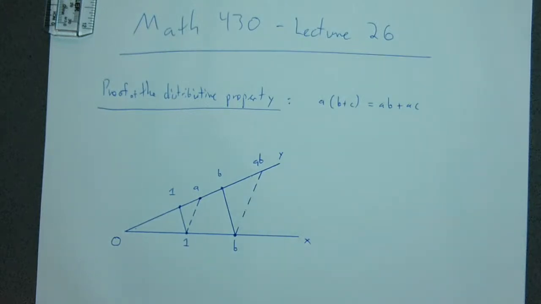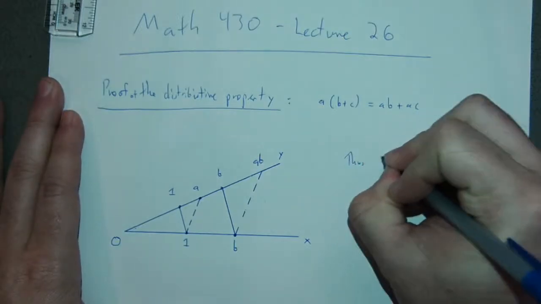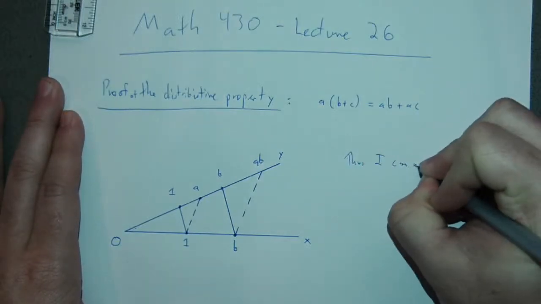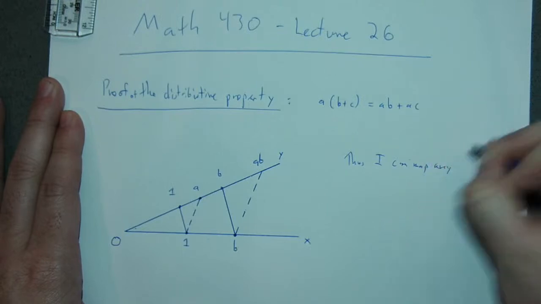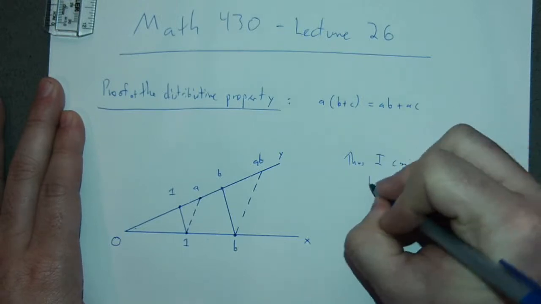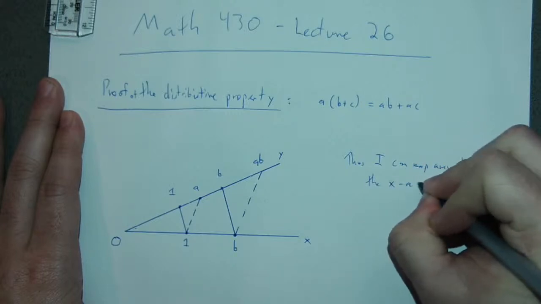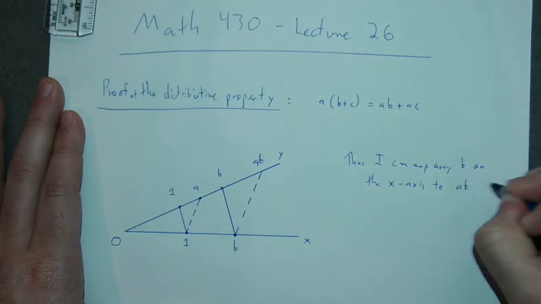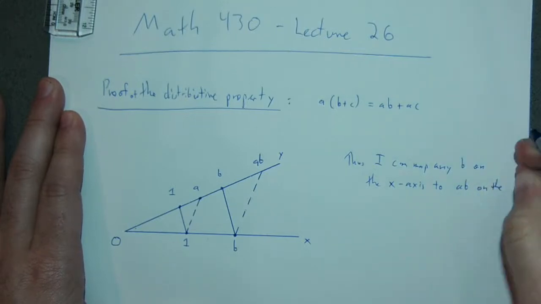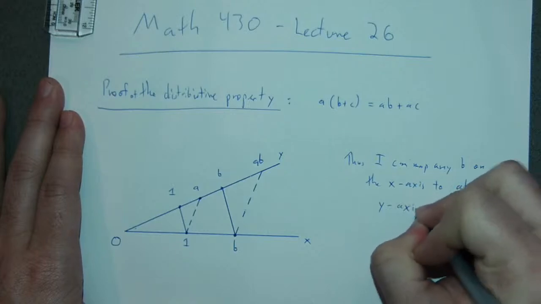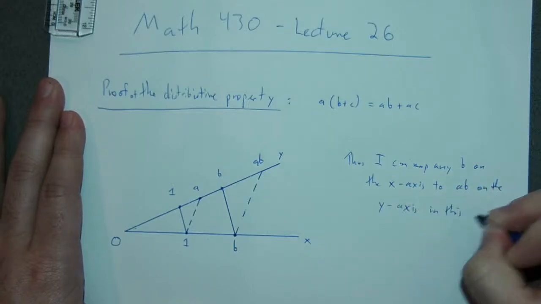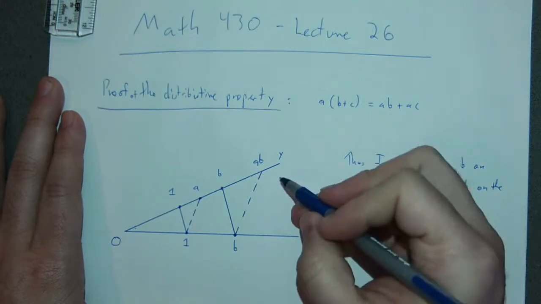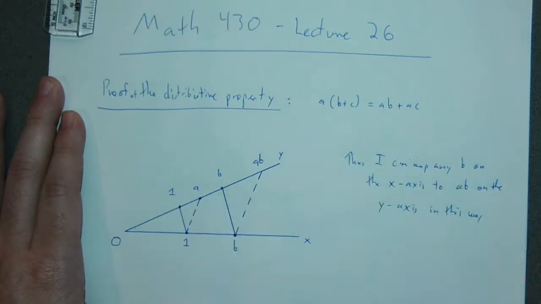And so what this tells me is that I can map any B on the x-axis to AB on the y-axis in this way. That is, I send it along a line that's parallel from 1 on the x-axis to A on the y-axis. Okay.